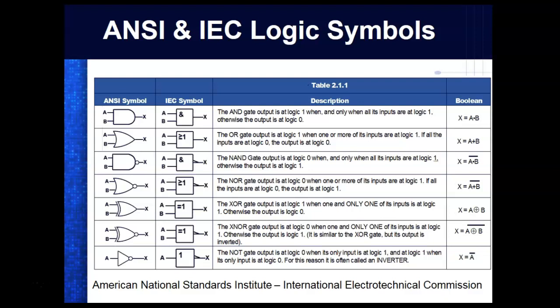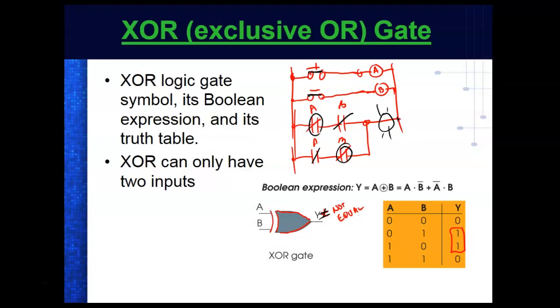Because an exclusive OR, we get a 1 when they're not equal. For an exclusive OR, we get a 1 when they're not equal, right?